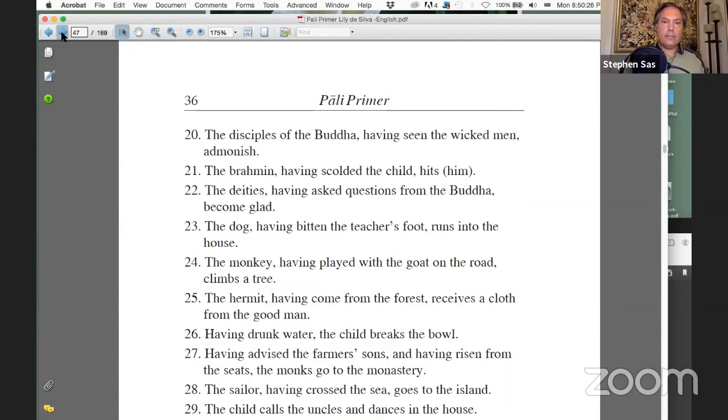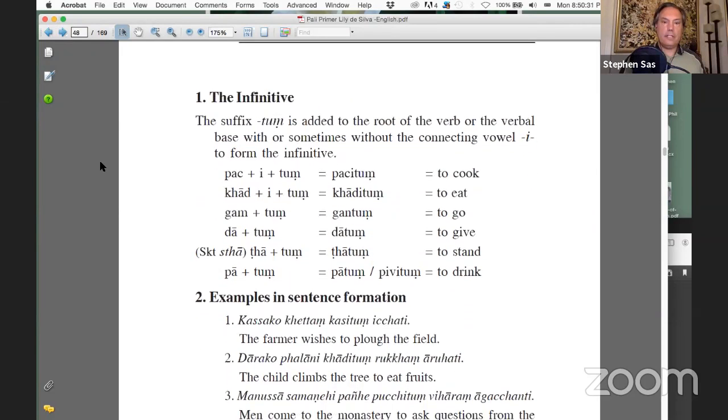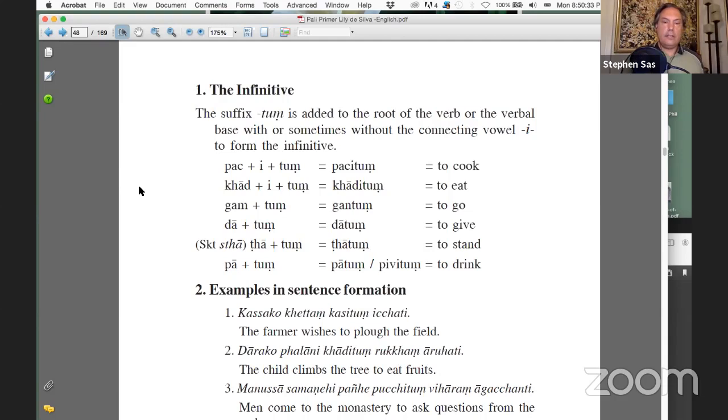Okay, so we're going to move on to lesson 10, which is the infinitive. The infinitive is the normal way in English we refer to a verb, so it should have an easy way of understanding it. It's also easily formed with the suffix tung, pachitung.